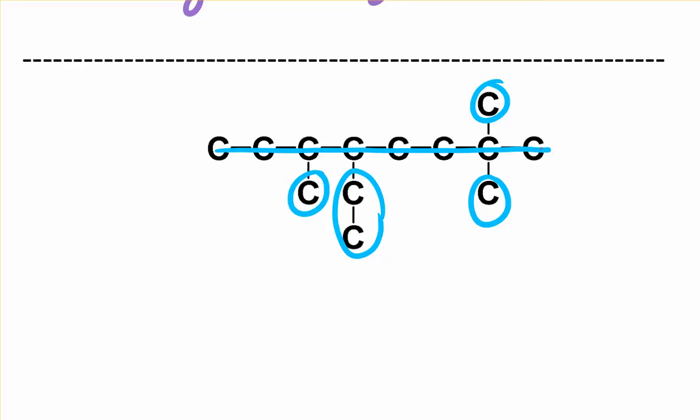This end is closer to a branch, so I'll number from this end. I've got three methyls and an ethyl. I'll start my name with my ethyl because E comes before M, so the name will start with my ethyl.